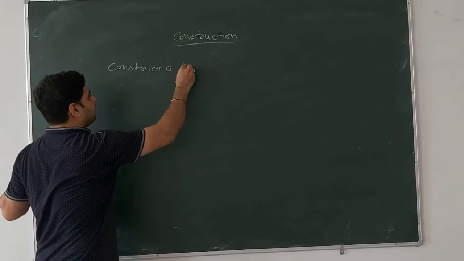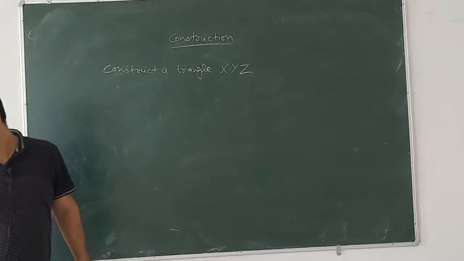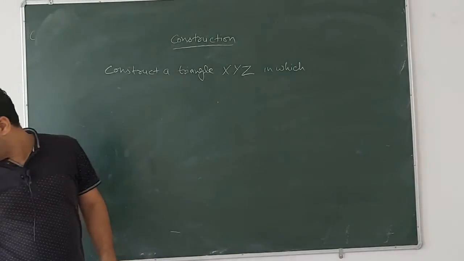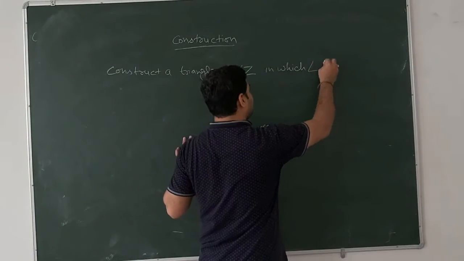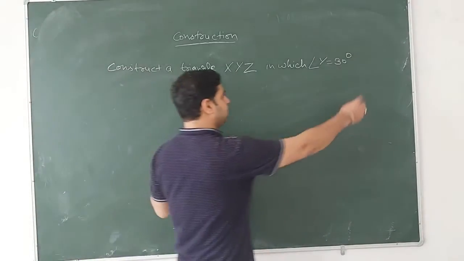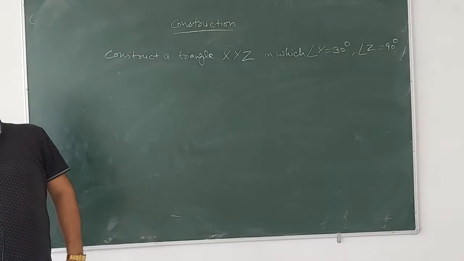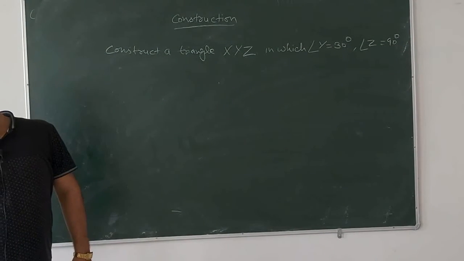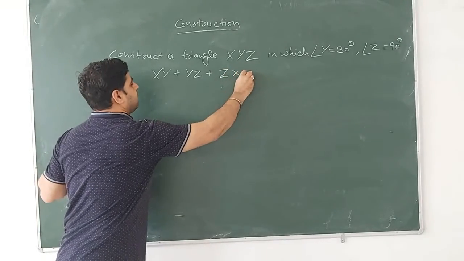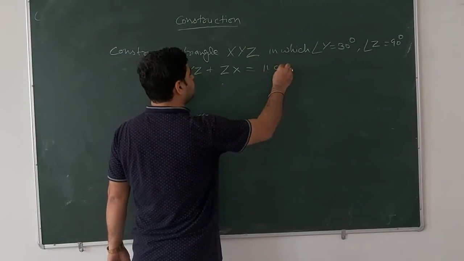Construct a triangle XYZ in which angle Y is equal to 30 degrees, angle Z is equal to 90 degrees, and XY plus YZ plus ZX is equal to 11 centimeter.